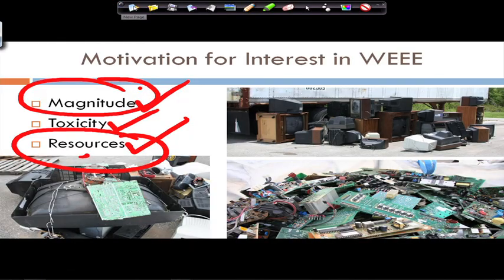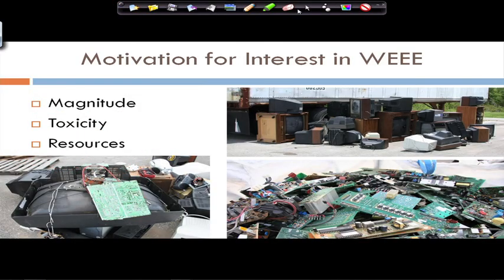It's just being dumped into the environment in some fashion, where it is creating an adverse impact. If somehow we can recover these elements or compounds and bring them back to the economy, that would be really helpful for the economy as well as for the environment. So that's the interest in terms of why we are talking about electronic waste management.